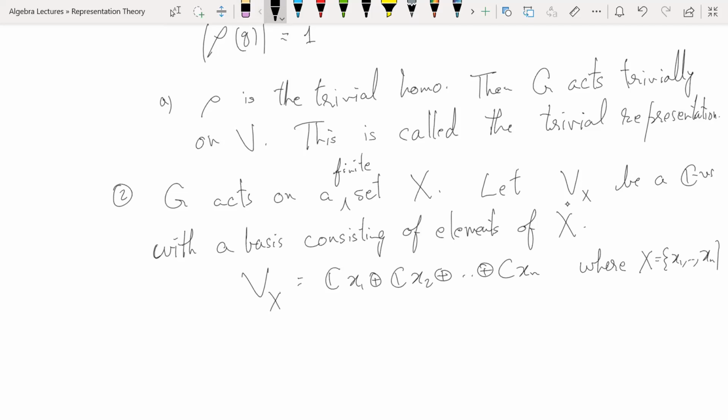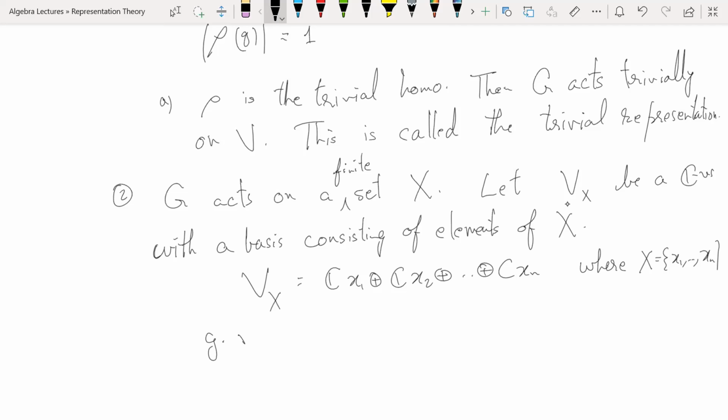If it has n elements, you can make this. Now you can give a linear action of G on Vx. It's enough to say where the xi's go, and then you extend it linearly.